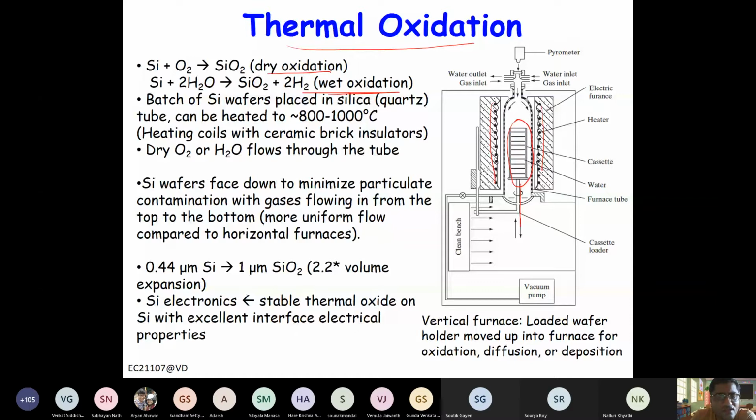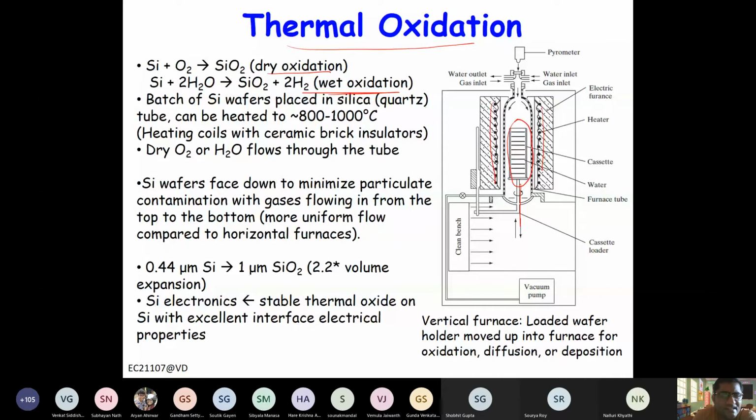Wet oxidation is usually much faster. So if you want to grow a thick oxide, we use wet oxidation.